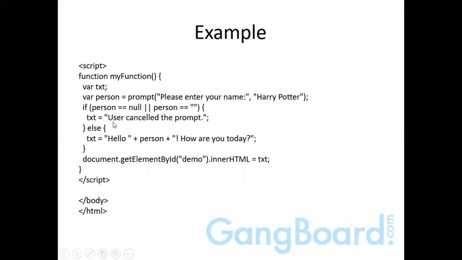But in case the user cancels the prompt, it returns null. If the user enters a value, I will get this value, and this output will be displayed: 'Hello Harry Potter, how are you today?' So based on the input which the user enters, the output is displayed.